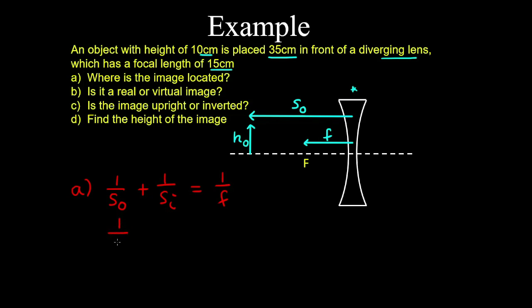So SO is 35 centimeters, plus the reciprocal of SI is equal to 1 over the focal length. In this case, because we have a diverging lens, we negate the focal length. So if we solve this equation, we get the distance to the image as minus 10.5 centimeters.